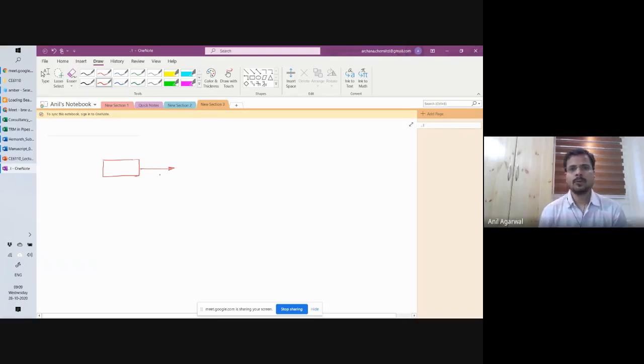So what would be the sign convention for this force? Would I say tension is positive, compression is negative? Will that be an acceptable sign convention for this kind of a force?